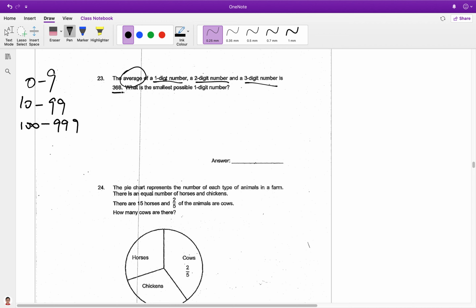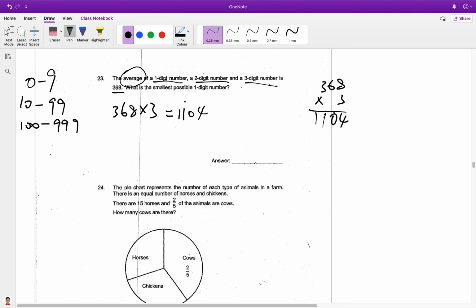If the average of 3 numbers is 368, we can calculate the sum of the 3 numbers. So 368 times 3 is equal to 1104. So what is the smallest 1-digit number?